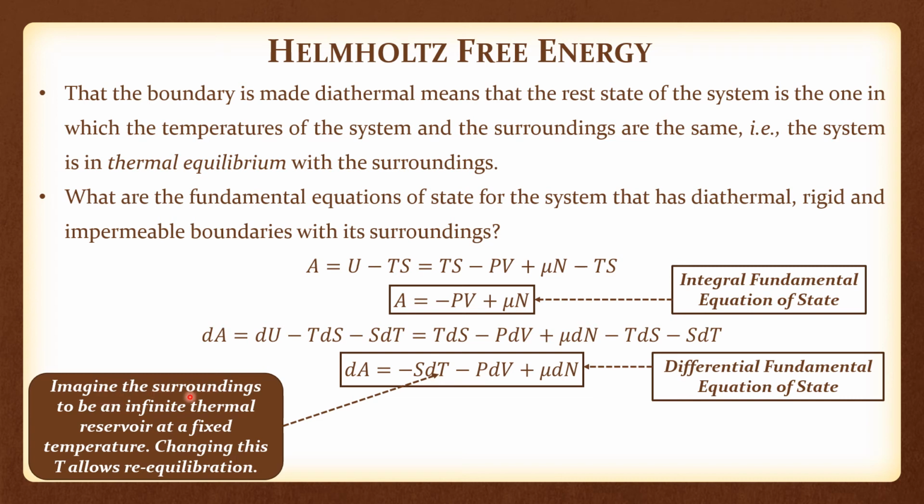So imagine the surroundings to be an infinite thermal reservoir at a fixed temperature. A typical example of this is a water bath that is oftentimes used to maintain constant temperature, right? So changing the reservoir's temperature allows for re-equilibration. So A is a function of T, V and N.